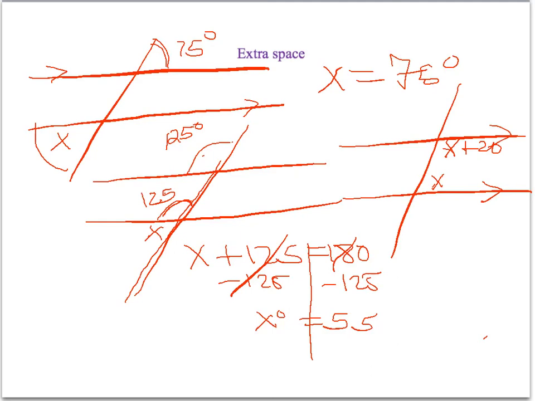So I want to know what X is, and what these angles are. Well, these are consecutive interior angles, so I know that these two angles are supplementary, meaning they add up to 180.